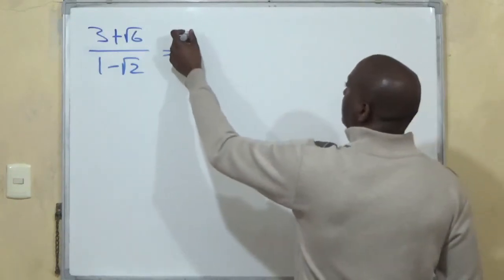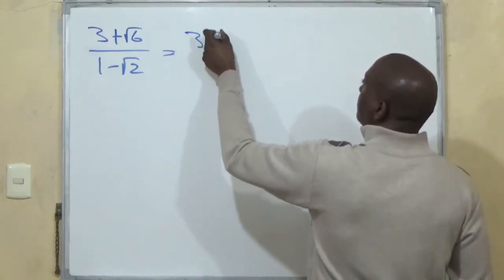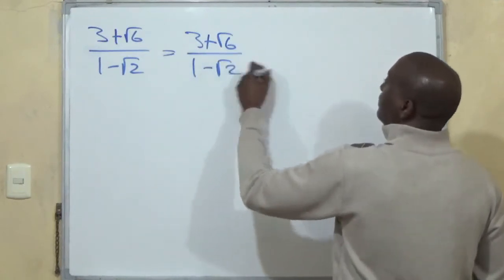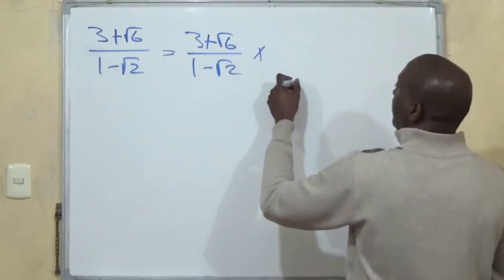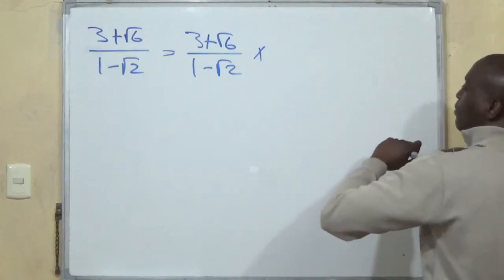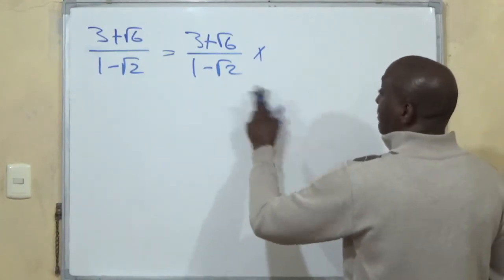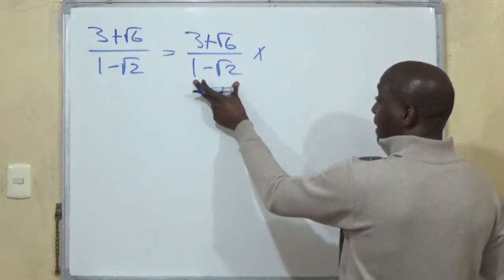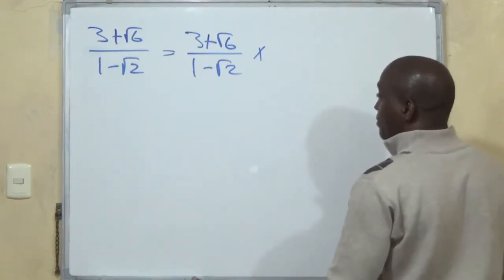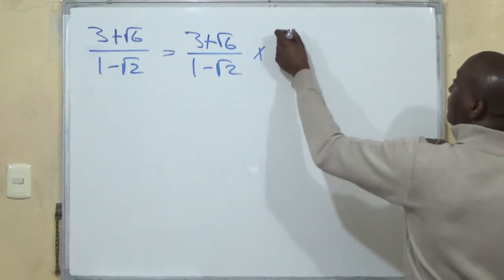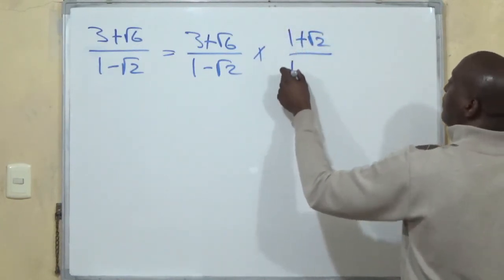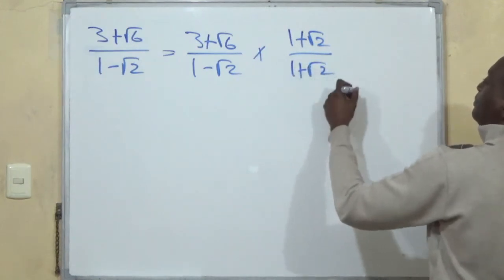So that is equal to 3 plus root 6 over 1 minus root 2 multiplied by a whole fraction where the denominator is the conjugate of this, and of course the numerator will be the same. So that will be 1 plus root 2 all over 1 plus root 2.